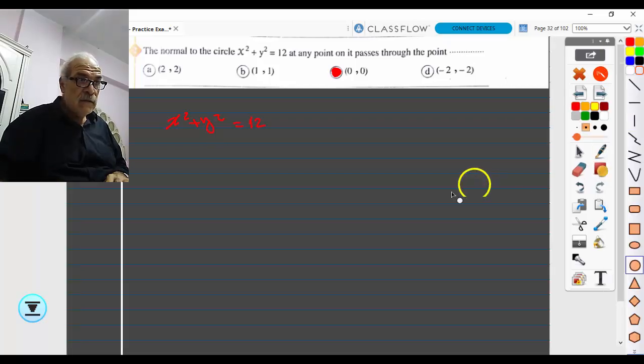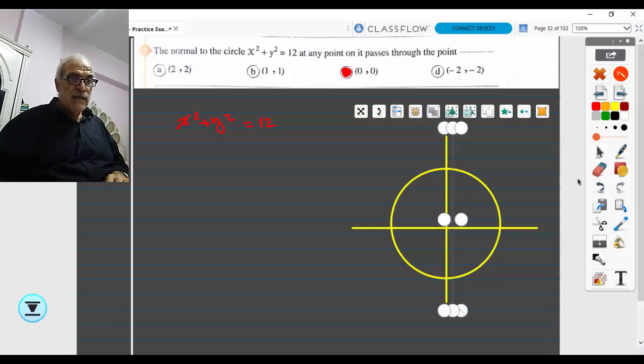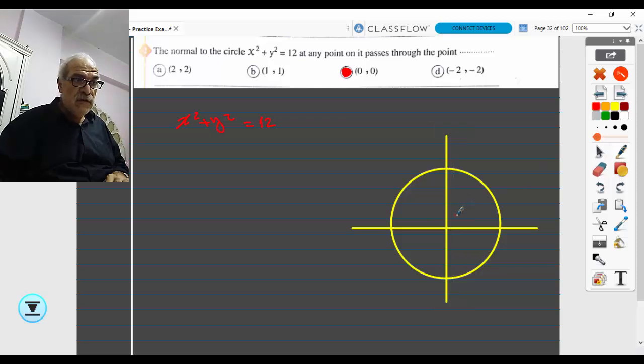Here is the circle, and here we have the two axes. And the center of this circle is the point 0 and 0. And of course the radius squared equals 12, so the radius r equals square root of 12, which equals 2 root 3.